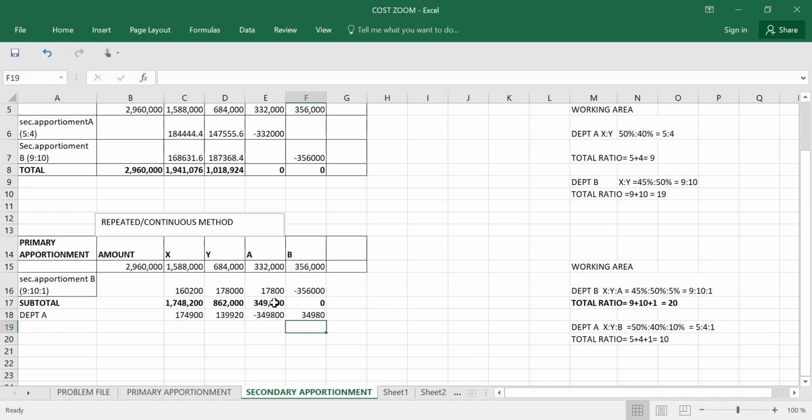I hope that is understood, right? Again, I will not be tired of doing my subtotal. I'm not saying that you should always do this, but I'm trying to show step by step why.